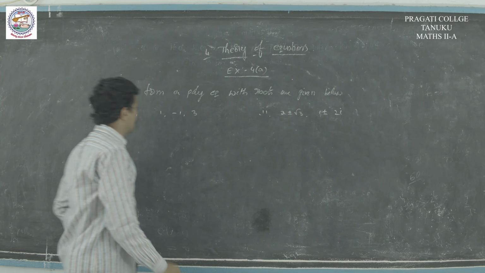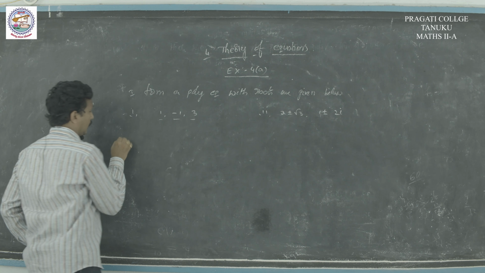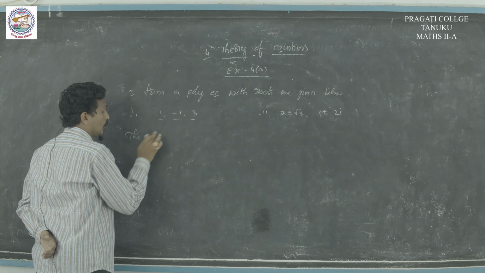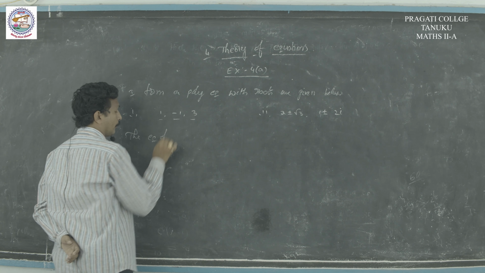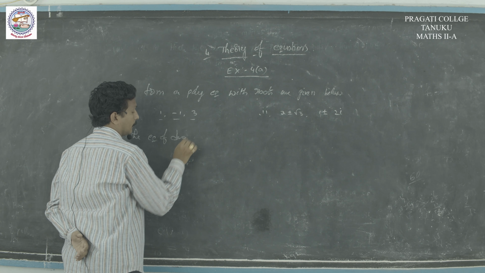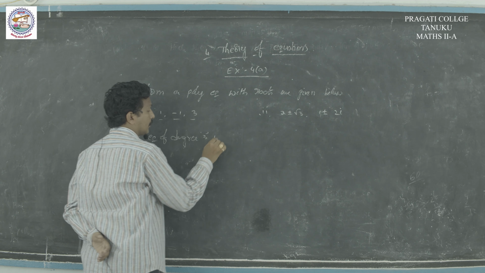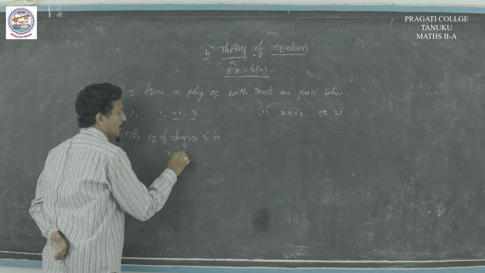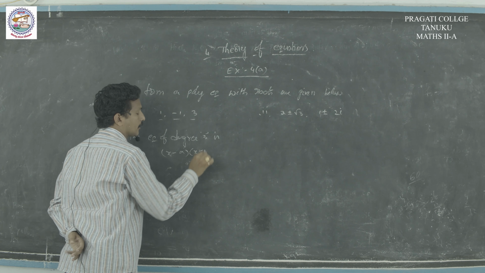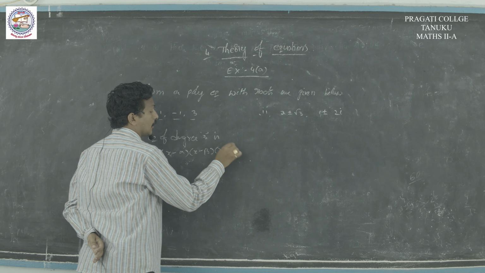Okay, students, there are three roots. Therefore, the equation of degree 3 is x minus alpha into x minus beta into x minus gamma equal to 0.